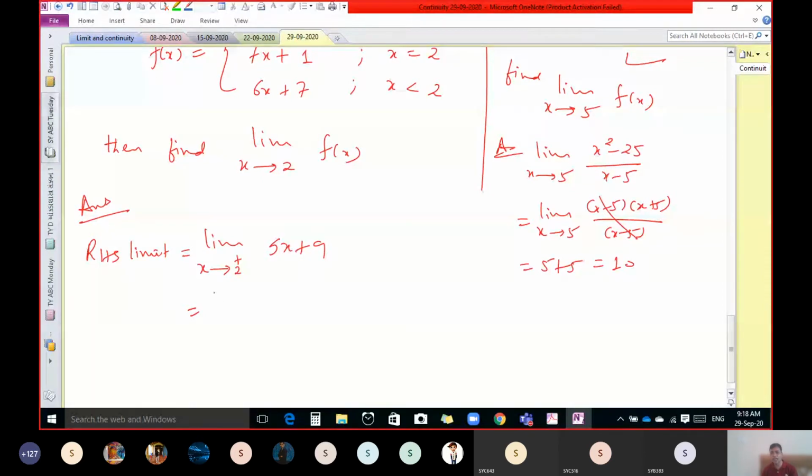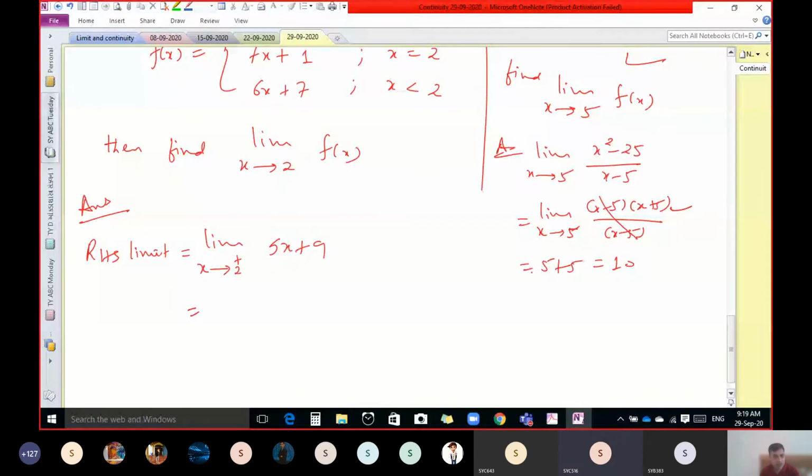We know that x tends to 2 means x is not equal to 2. Here also the same thing: limit x tends to 5, and here we put x equal to 5, though actually we know that x is not 5. So why do we put x equal to 5 here? Any of you?